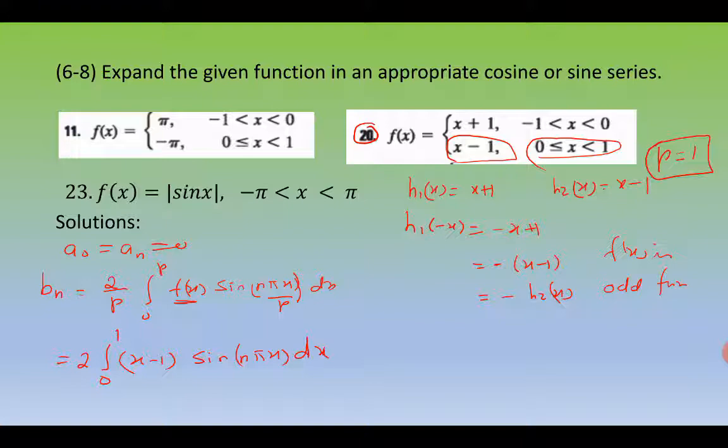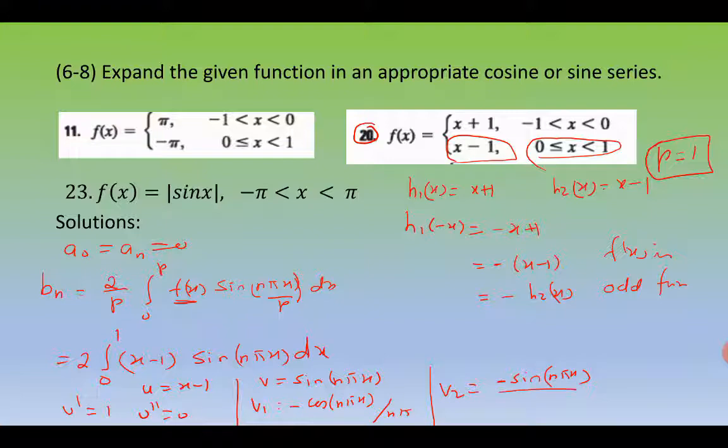Okay. So when you use integration by parts, u is x minus 1, u prime is 1, u double prime is 0. v is sine n pi x, v1 is minus cosine n pi x over n pi, and v2 is minus sine n pi x over n pi whole square.